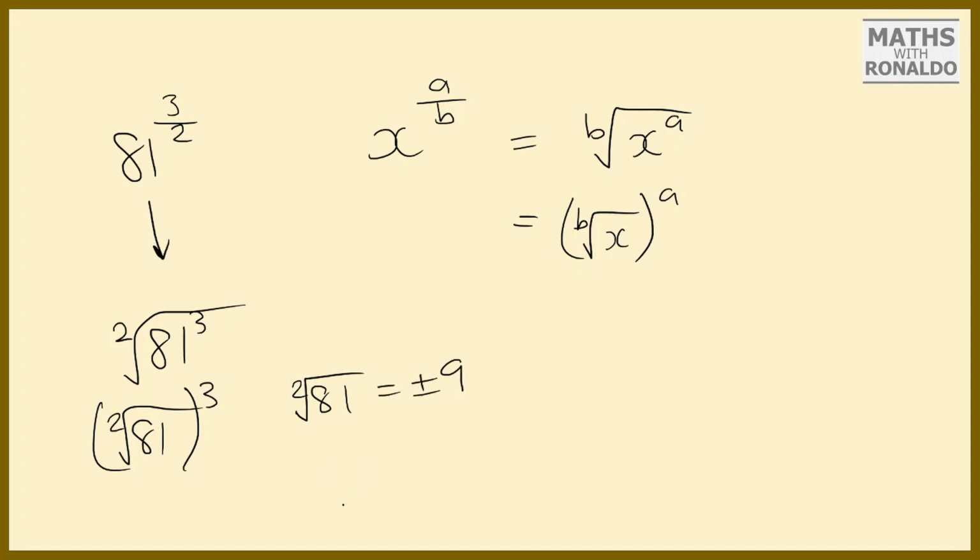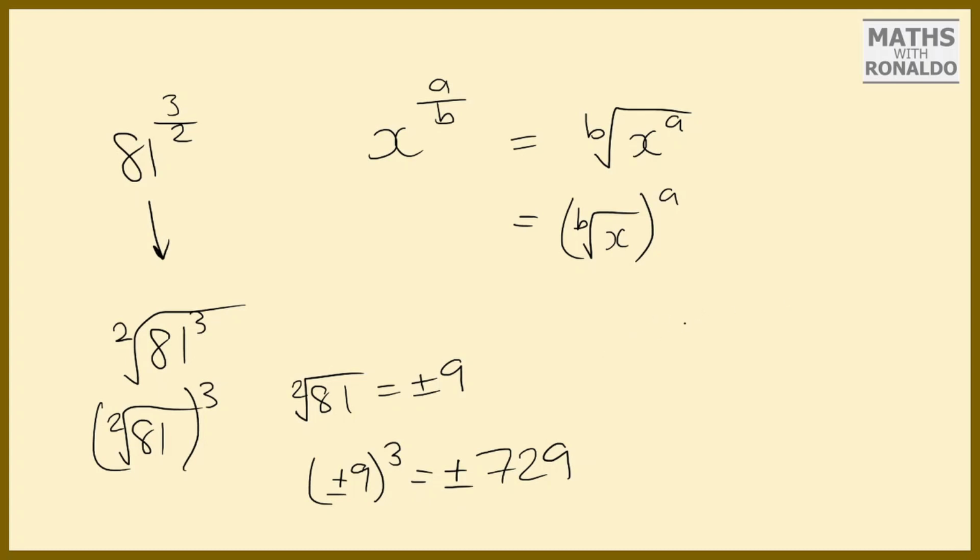And we know then that 81 to the 3/2 is plus or minus 9 to the power of 3. And we know that is equal to 9 times 9 times 9, which is equal to 729. Now, if it's a positive 9, it will be 729. However, if we use negative 9, we would get minus 729. So we should write plus or minus 729.